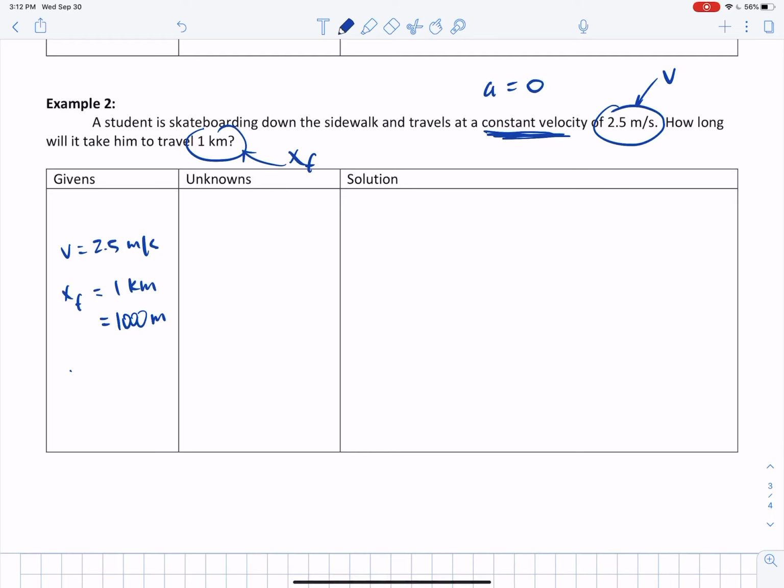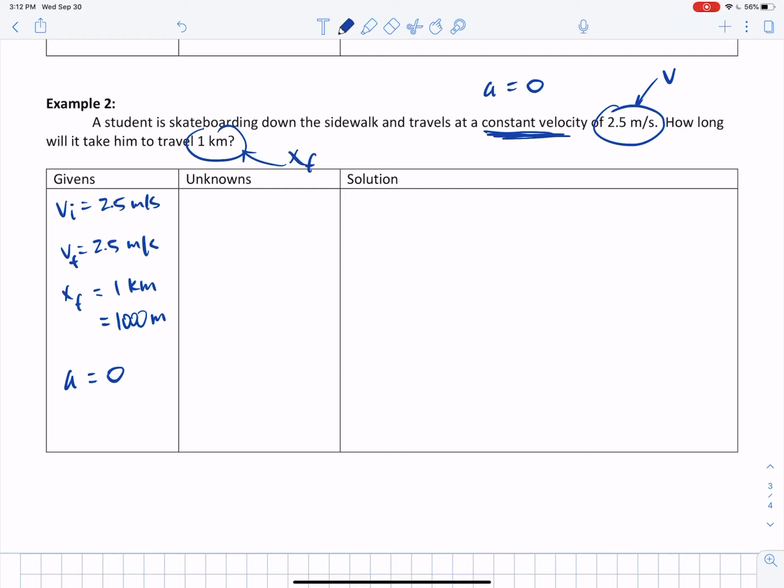So I can put that in my givens. And finally, if the velocity is constant, it means that the initial velocity and the final velocity are the same. So I can say that the initial velocity is 2.5 meters per second. And I can say that the final velocity is 2.5 meters per second, right? That's what constant velocity means.